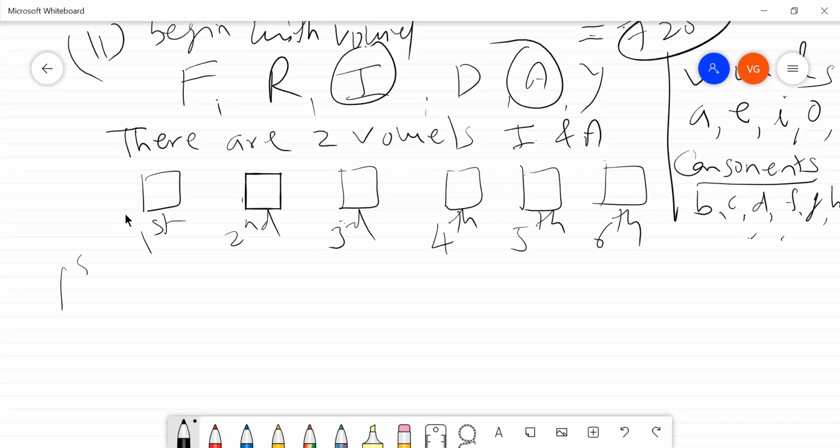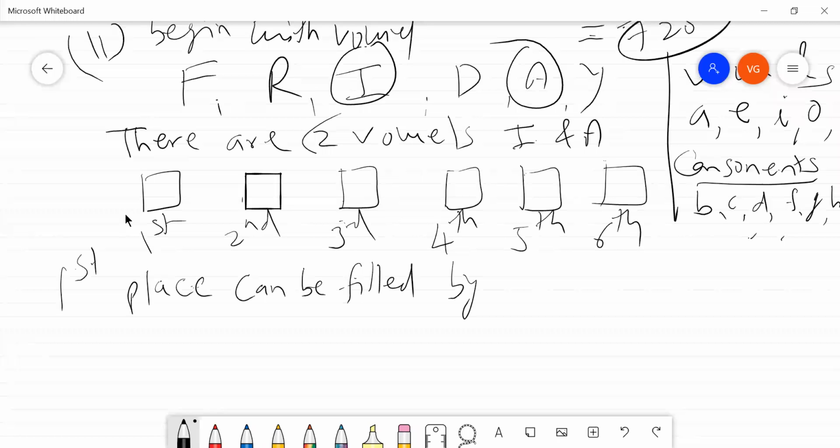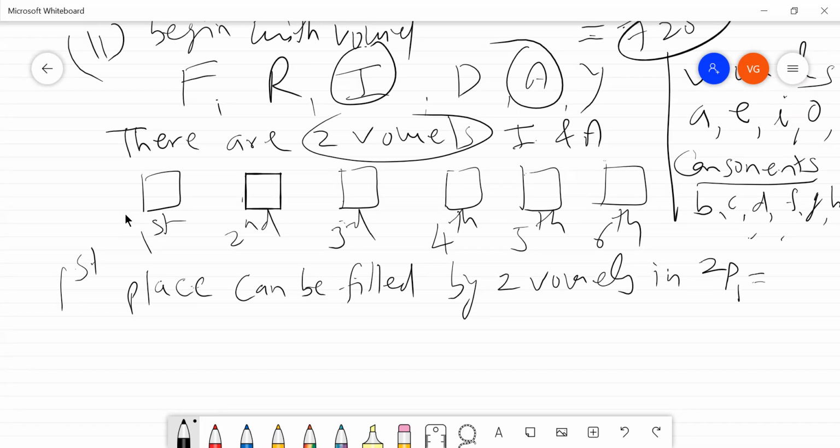So the first place can be filled by how many vowels? By two vowels. So the first place can be filled by two vowels in how many different ways? 2P1 different ways. 2P1 means 2 factorial upon 2 minus 1 factorial, that is 1 factorial.